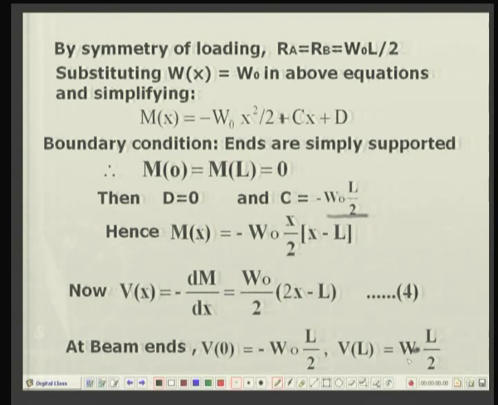So, these are precisely the two end reactions. So, it means our analysis is proceeding on the correct lines.